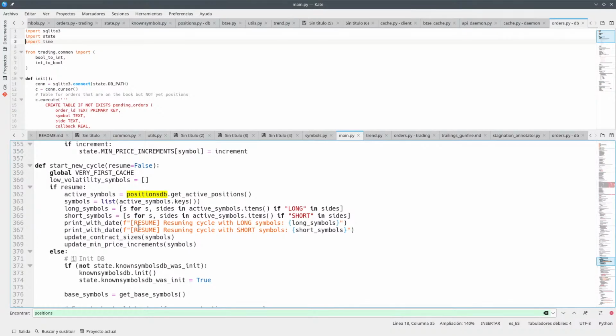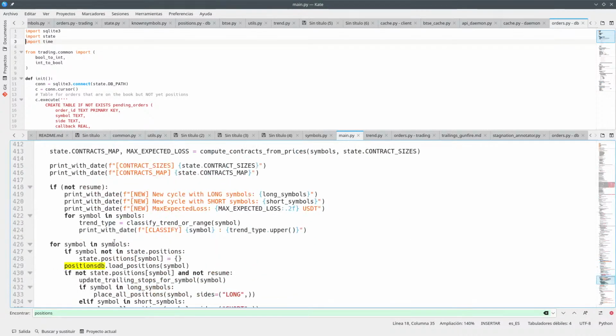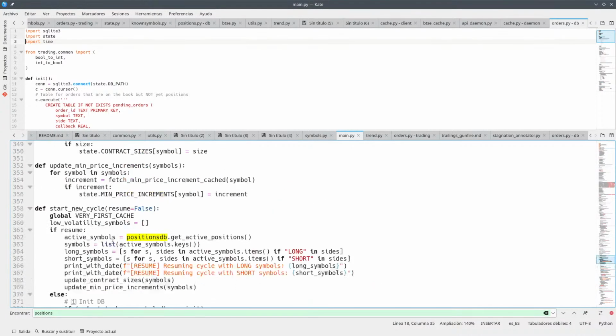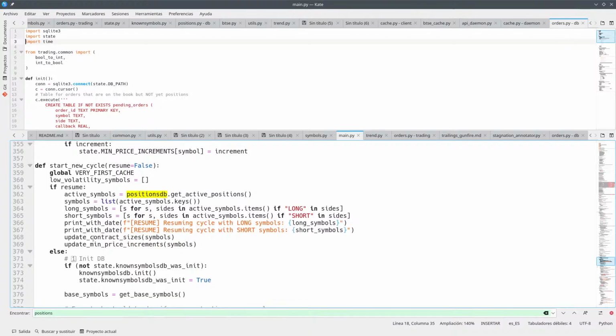So my question is, should I... Yeah, no, we're going to work with limit orders. That's going to be much better, if you ask me. So if you resume, you get the active symbols, which is the active pending orders.